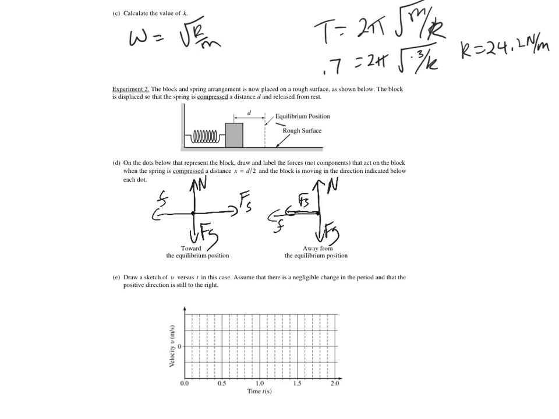Letter E, we want to draw a velocity versus time graph. You need to be slightly specific on this, so the period should remain the same. You should have the period at 0.7 seconds each time, so it crosses 1.4 or 2.1. But since the velocity is decreasing, let's call this 0.1 and 0.2 and negative 0.1 and negative 0.2.